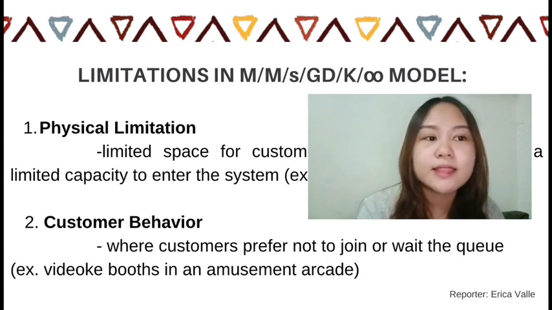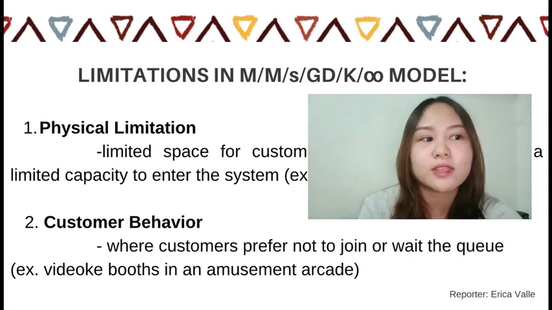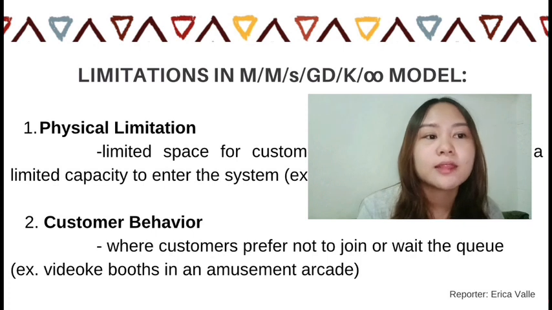So one example could be a queue in a drive-thru. Physical limitation is present since there is limited space for the vehicles, therefore giving them a limited capacity to enter the system. So some of the customers cannot join, as well as the customer behavior, since sometimes some customers decide not to join or wait in the queue since it's too long, dahil minsan medyo matagal din mag-take ng orders sa drive-thru sa mga fast foods.